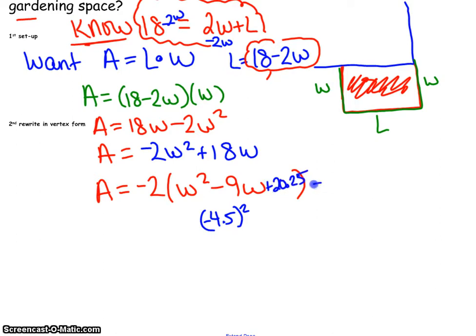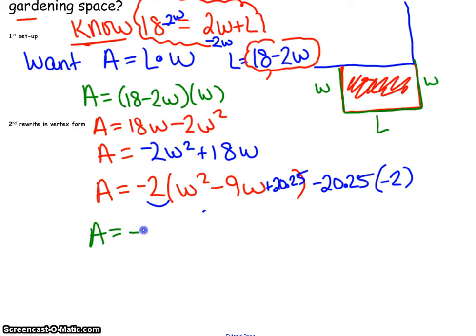Remember you have to balance, so you subtract 20.25. Because you factored out a -2 at the beginning, you multiply that by -2 on the outside. Clean this up: I have the area equals -2 times W minus 4.5 squared. When you multiply -20.25 times -2, we get 40.5.